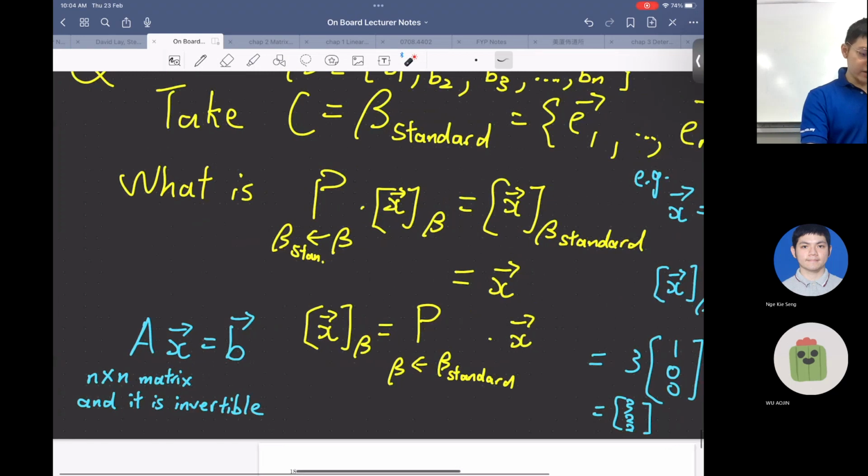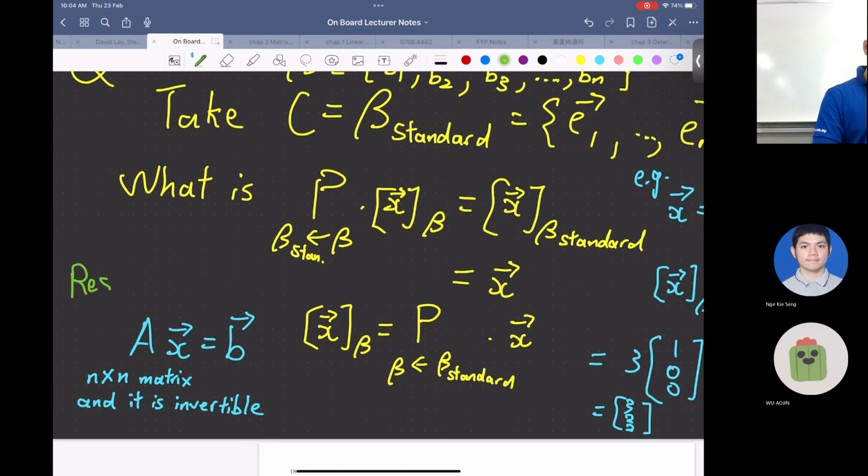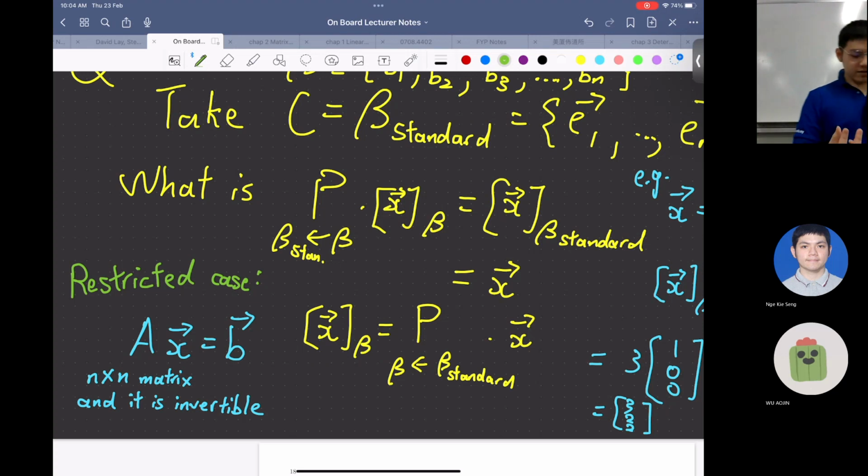Then I bring out this question. This is a restricted case. Every time we solve the matrix equation AX equal to B, we want to find X. Let's say A is an n by n matrix, square, and also invertible.